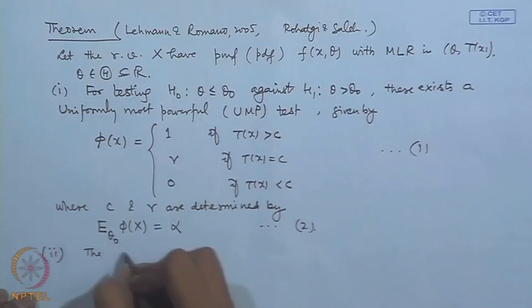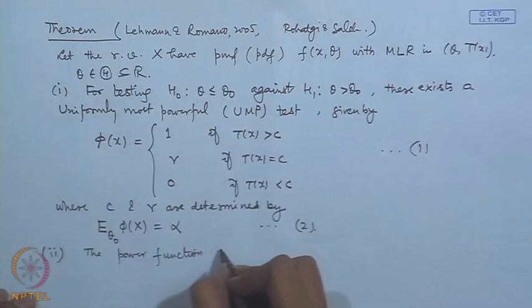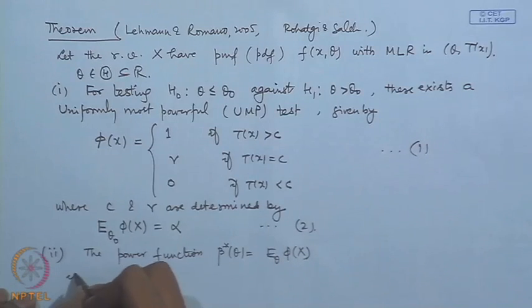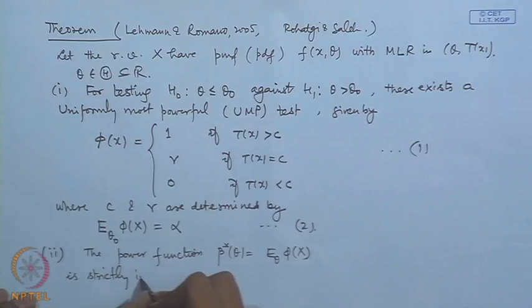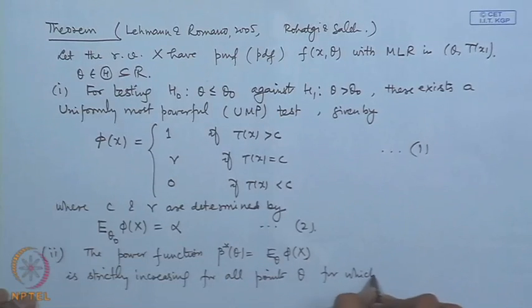The power function, that is we have used the notation say beta star theta, that is equal to expectation theta phi x, is strictly increasing for all points theta for which it lies between 0 and 1.